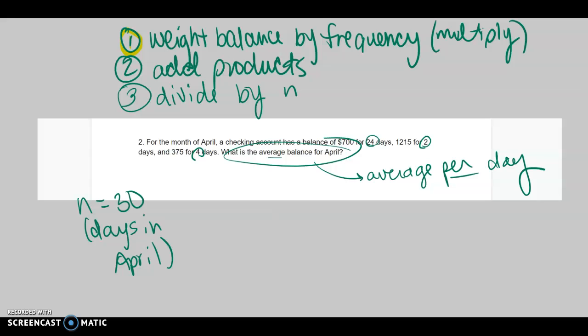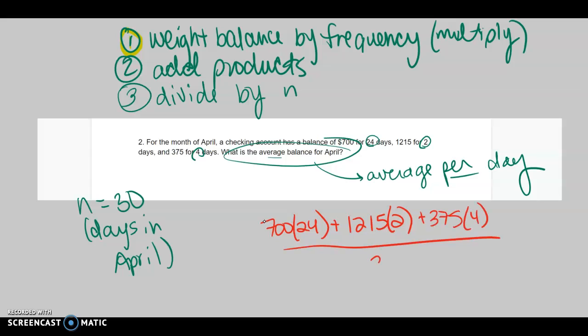All right, so let's do the steps. 700 times 24 plus 1215 times 2 plus 375 times 4. All of that is going to be divided by n. Let's see what we get. Something's wrong. 700 times 24 is 16,800.